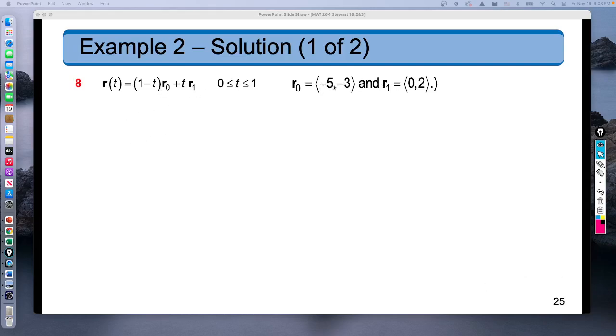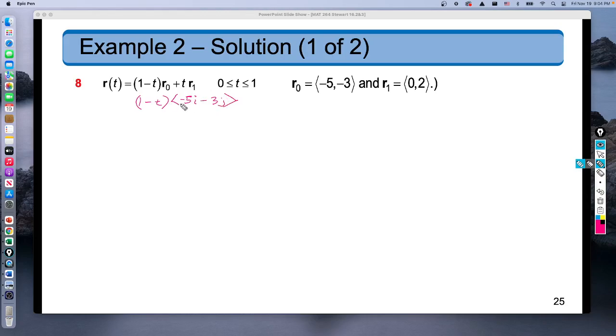So these are vectors, so we get 1 minus t times r0, which is minus 5i minus 3j.